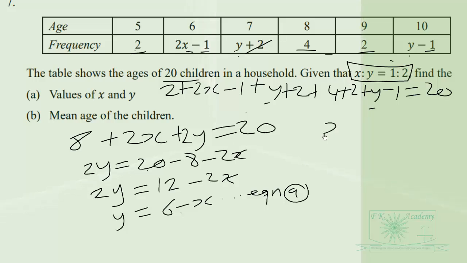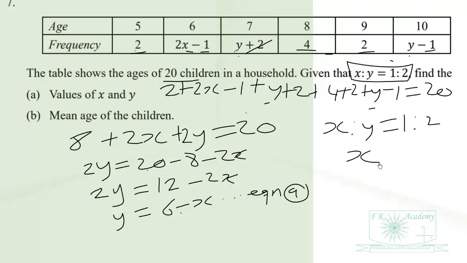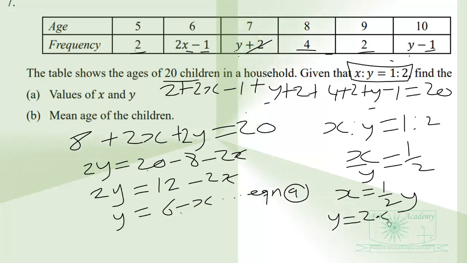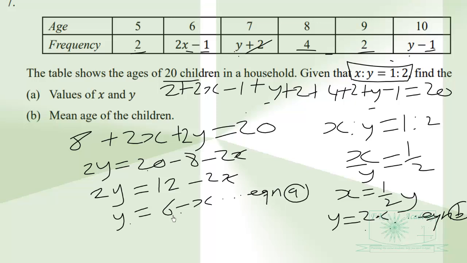If this is equation A, then we expect another equation, and we get it right from here. We're told that x is to y is equal to 1 is to 2, which is the same as x over y is equal to 1 over 2. So x is equal to 1 over 2 y, or in other words, y is equal to 2x. This is equation B. Now y equals 2x and y equals 6 minus x, so we can equate the two equations.